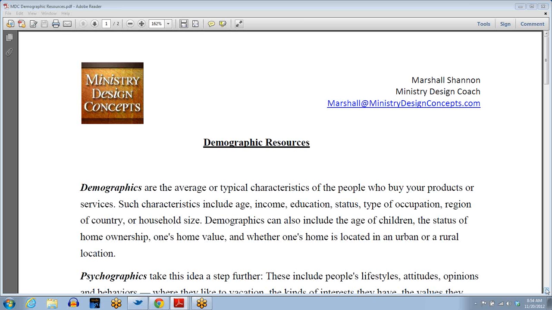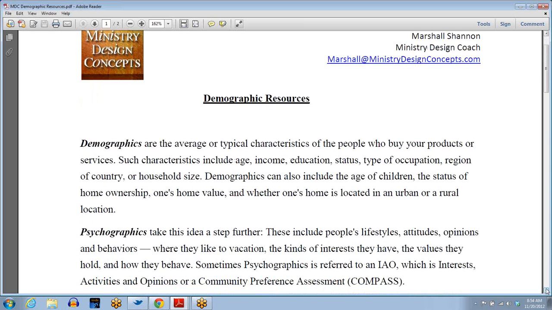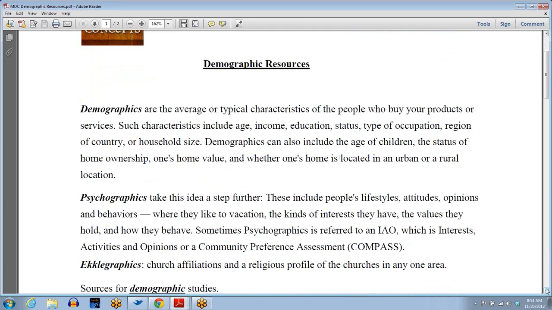You'll see here on the screen that I've given you some terminology to assist you with understanding what we mean by three key words. The first one is demographics. This gives you the information about the people, their age and income and education, their type of occupation, region of the country, the household size, whether they own or rent their home, the age of their kids, the value of their homes.